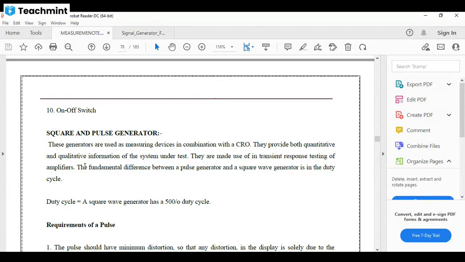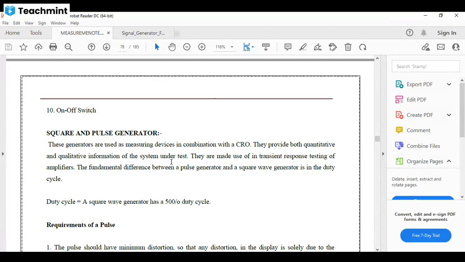These generators are used in combination with the CRO. They provide both quantitative and qualitative information. They are used for transient response testing of amplifiers.